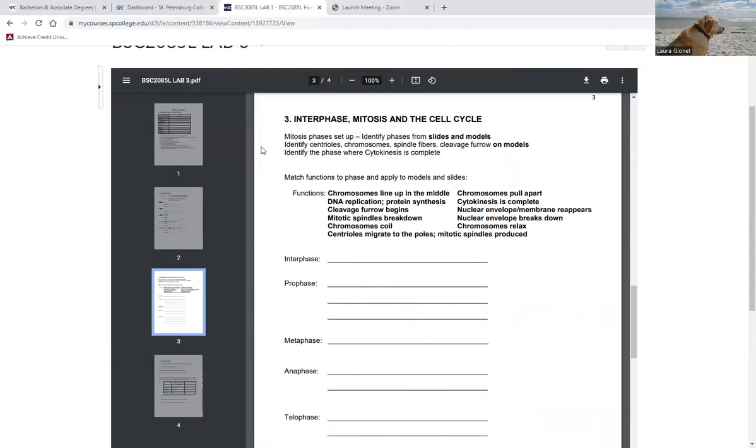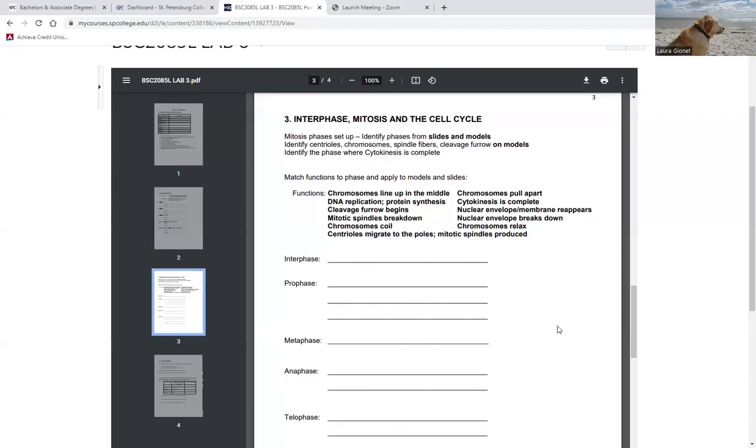Okay, so for the mitosis phases, identify the phases from the slides and the models, because they're generally on one side of the room, but we're going to show you what you need to know on this online version. Identify centrioles, chromosomes, spindle fibers, or what's called mitotic spindles, and the cleavage furrow on the models, and identify where cytokinesis is complete. All right.